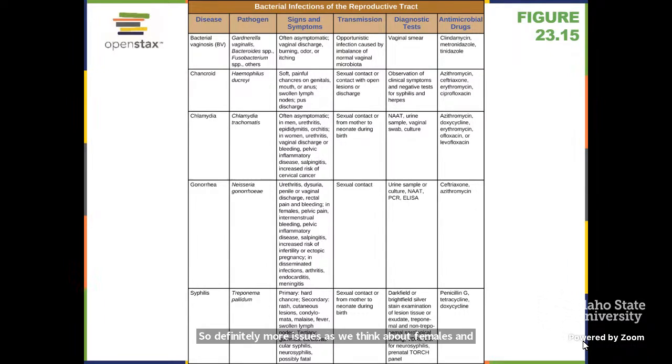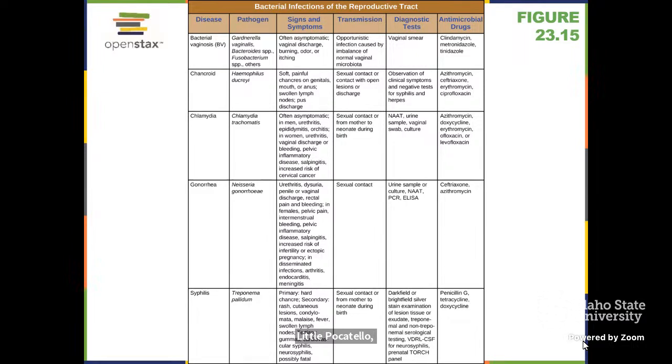Doesn't mean that they always are. There can be some asymptomatic carriers with females, just as the same with males. And that sets the stage for the potential to be transmitted a little more readily. And it is definitely a pretty big sexually transmitted infection, even right here in little Pocatello, Idaho. All right, it is a concern.